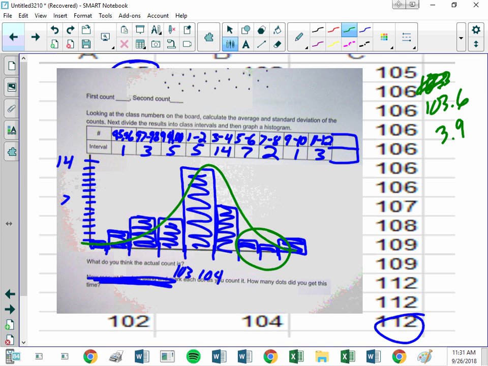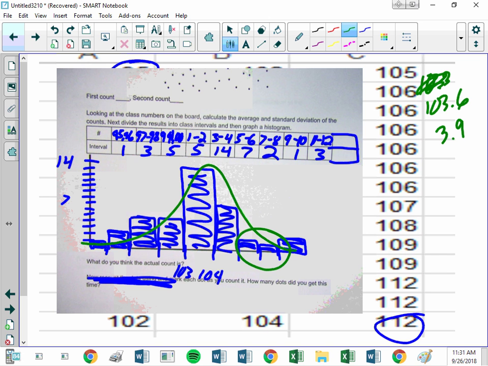And the assumption is, if an infinite number of people do this, then the normal curve and the histogram will look identical. That's the point. So in statistics, the larger your data set, the more accurate your histogram is going to be, the closer it's going to look like the normal curve.